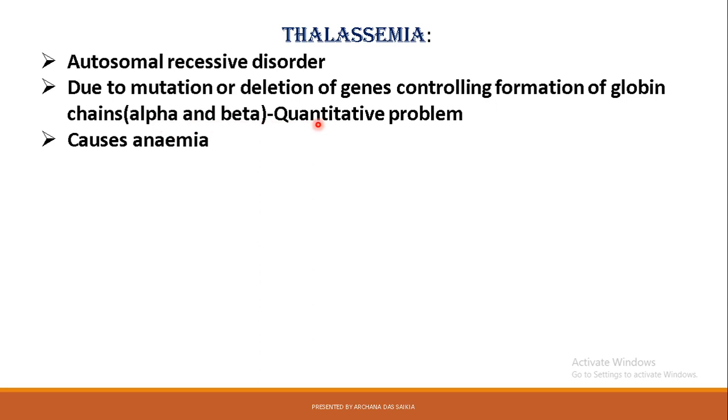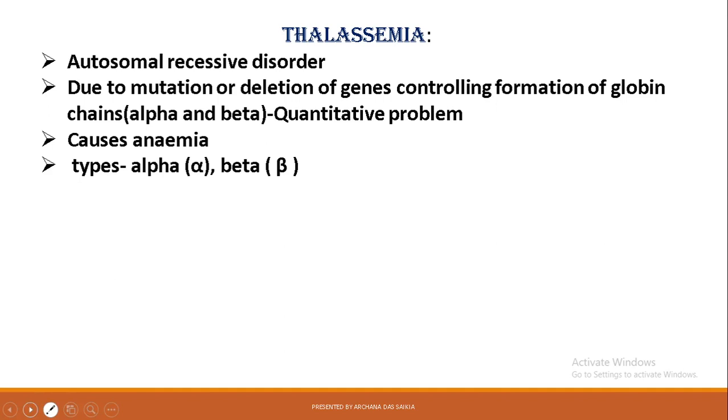Quantitative problem means the number of globin chains which are supposed to be formed will not be formed. So it is quantitative. But in sickle cell anemia, it is qualitative. The quality of the globin chain is affected. What happens? Whoever has thalassemia will be anemic.